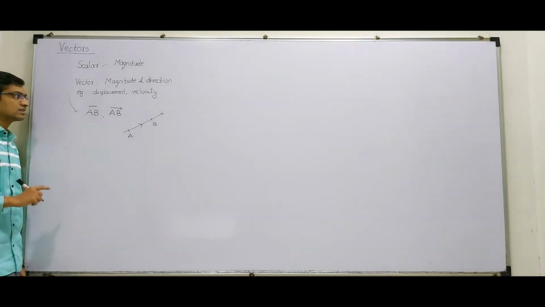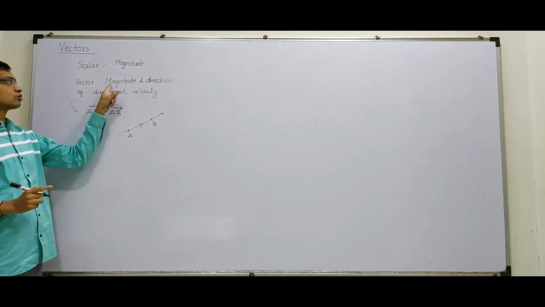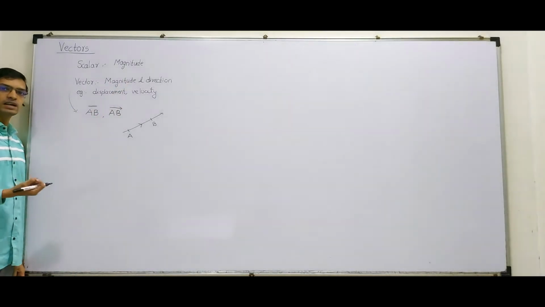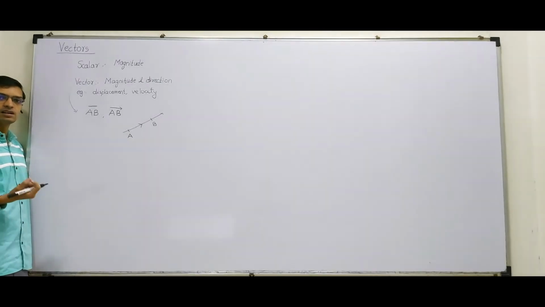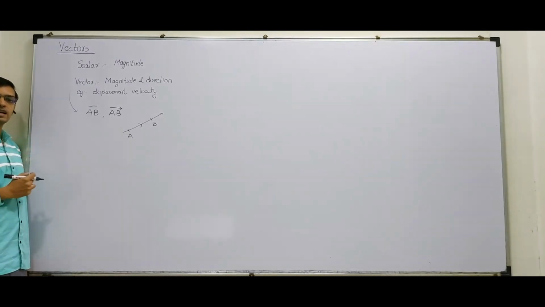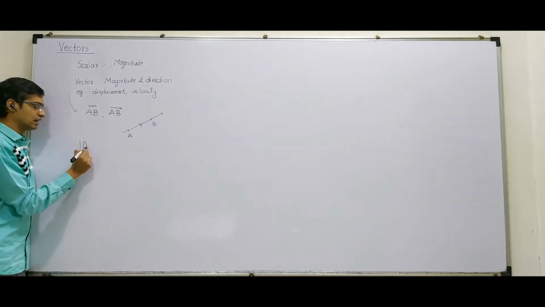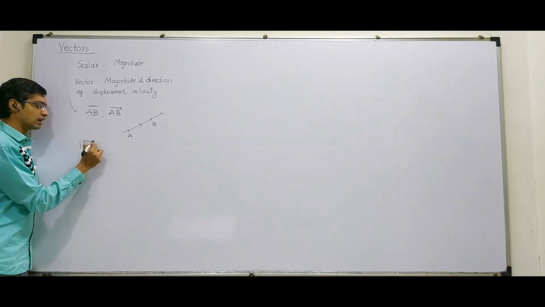Okay. Now since I have told that a vector also has a magnitude, meaning its value. If I say displacement, it is 5 meters, 7 meters, so that 5, 7 indicates magnitude. If I want to write the magnitude of a vector, I will write modulus of AB bar.